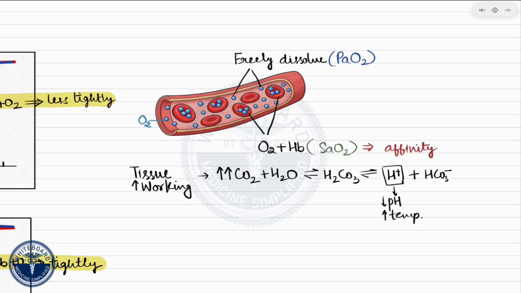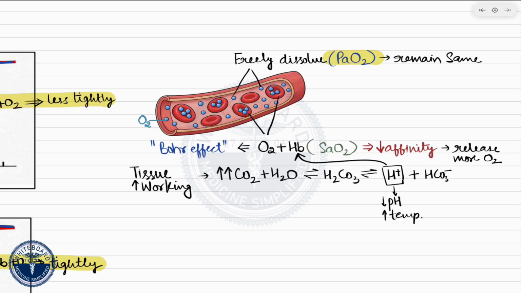These hydrogen ions interact with hemoglobin and make hemoglobin hold oxygen less tightly. This is called the Bohr effect. Under these conditions, hemoglobin's affinity for oxygen decreases, so it holds oxygen less tightly and releases more oxygen to the tissues. So, here PaO₂, that is free oxygen dissolved in the blood, remains the same.